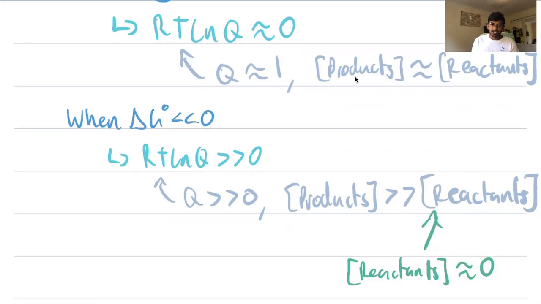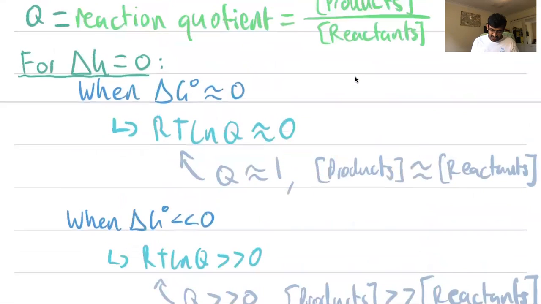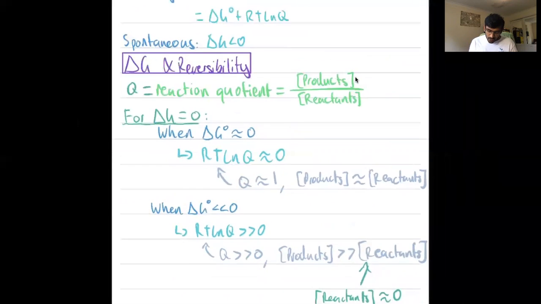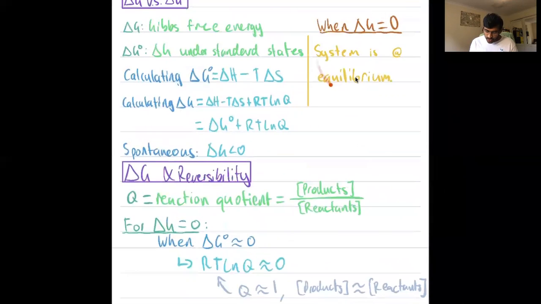So just to quickly recap on what I covered just then, okay? What we said is that a system will only reach equilibrium once delta G gets to 0. We know that we can calculate delta G using this equation, which you're not required to know, and it's beyond the prelim syllabus as well, okay? But it's actually dependent on the concentration of products and reactants.